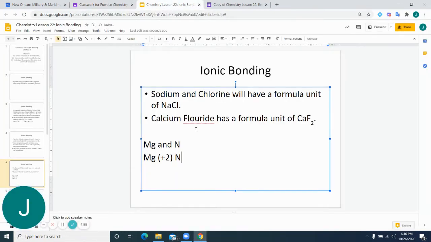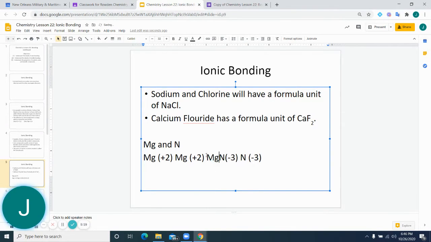So N is -3. Now, how do we balance out a +2 and a -3? Well, right now we have more negatives than positives, so let's get another Mg in there, Mg +2. Well, now it's going to be +4 to -3. So the negatives need to catch up. So let's get another N in there. Okay, now it's +4 and -6.